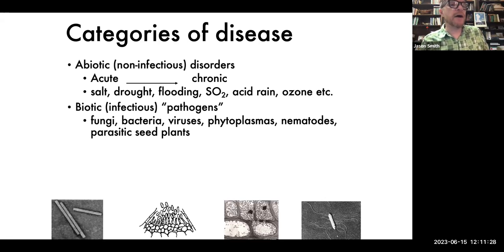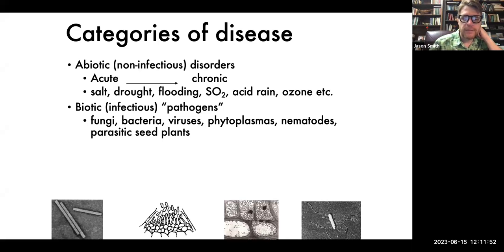And then, of course, we have the biotic pathogens, the infectious agents that cause disease in trees. And the primary category is fungi. Fungi make up the vast majority of pathogens in plants, in contrast to mammals, where we have bacteria and viruses as our primary pathogen types.